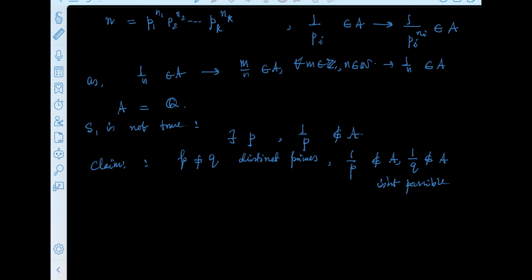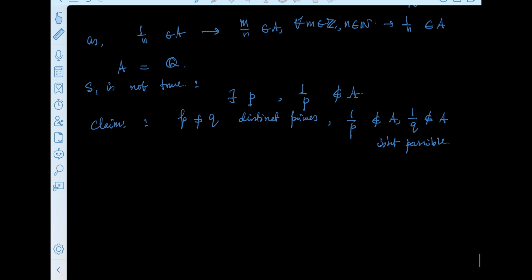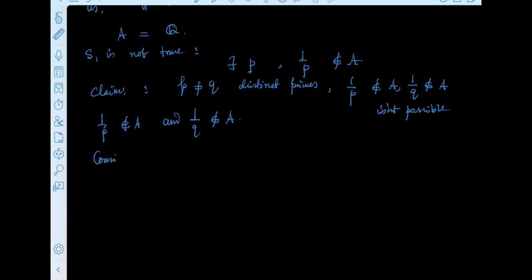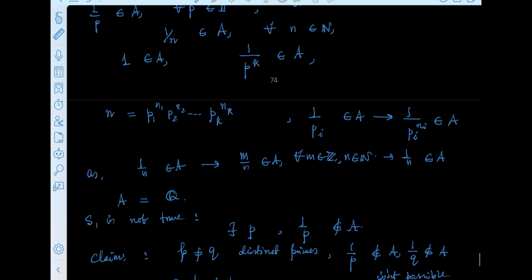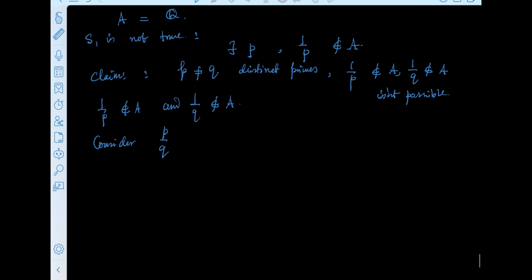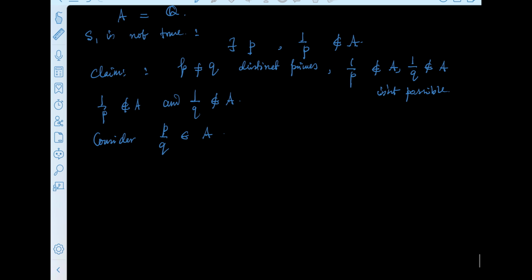That means one of those is inside A. So let us just assume 1/p is not inside A and 1/q is not inside A. Now consider p/q. By the condition of A, for every rational, either r is inside A or 1/r is inside A. So either p/q is inside A or q/p is inside A. Correct?